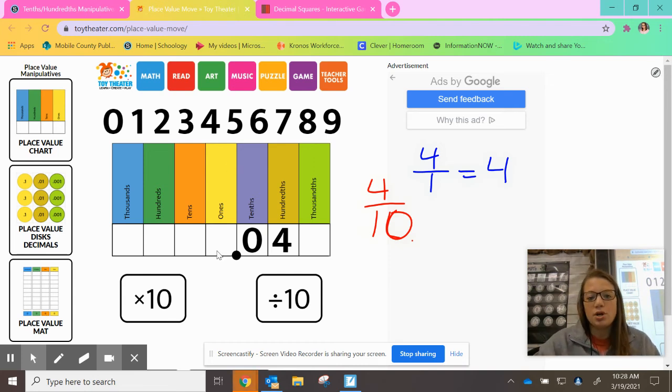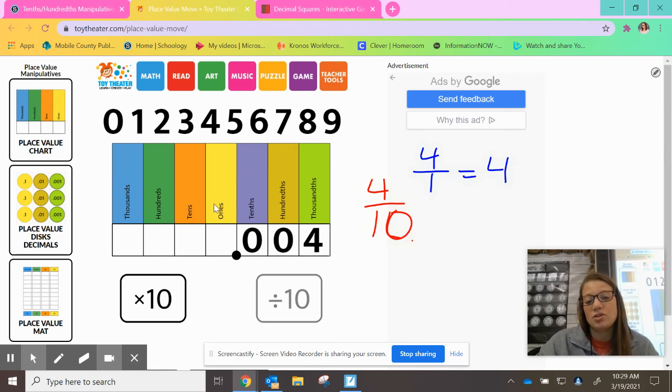When you're in your ones and then you move to the right, you're dividing by 10, so it's now in tenths. And then again, hundredths, and then divide by 10 again, and you're in the thousandths place. So this kind of shows you how students can understand what decimals are and the place value of decimals.